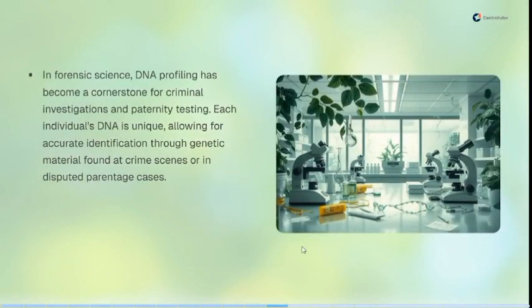In forensic science, it is used for DNA profiling, where maybe there's a crime. We could use the study of genetics to find out who the real culprit is by studying the biosamples. It can also be used for paternity testing and for testing the DNA of parents, father, and offspring.